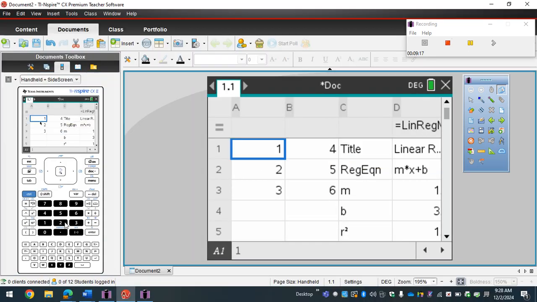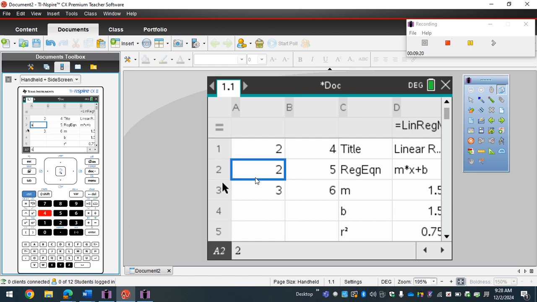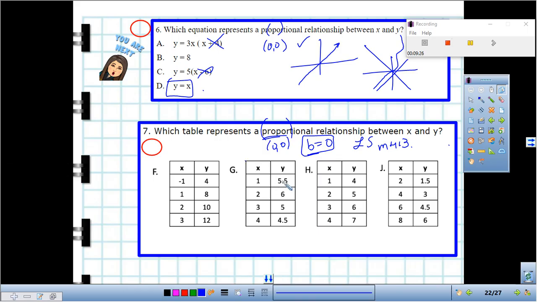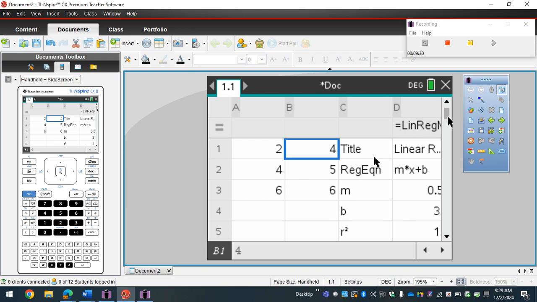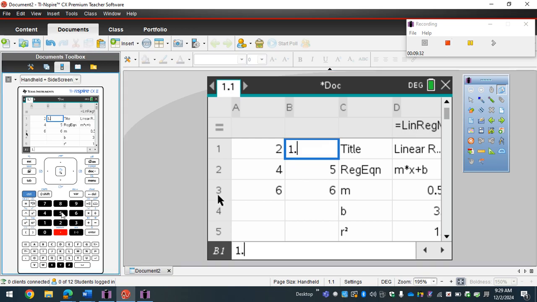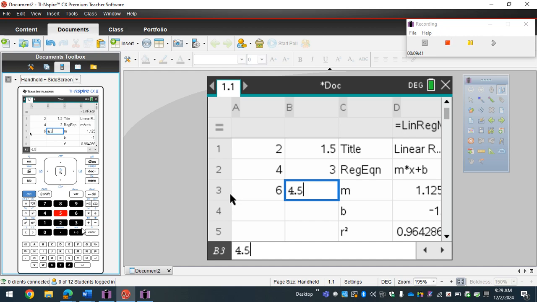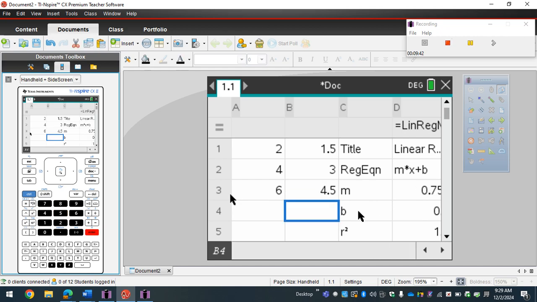And then this top part over here is going to have 1.5, 3, and I believe 4.5. And your b goes to 0, so yes, that one is proportional.